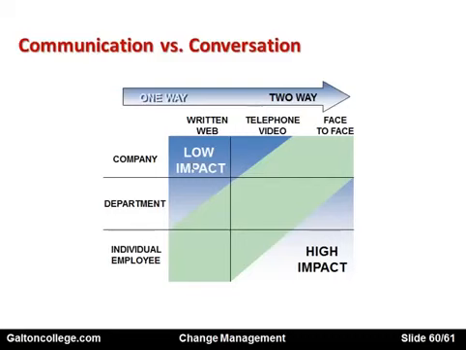If the company is trying to communicate effectively, have a conversation with the workers, then it would be face to face. Now that could be high impact over here. And you can see it runs from company, department and individual employee, and you have this grading across.